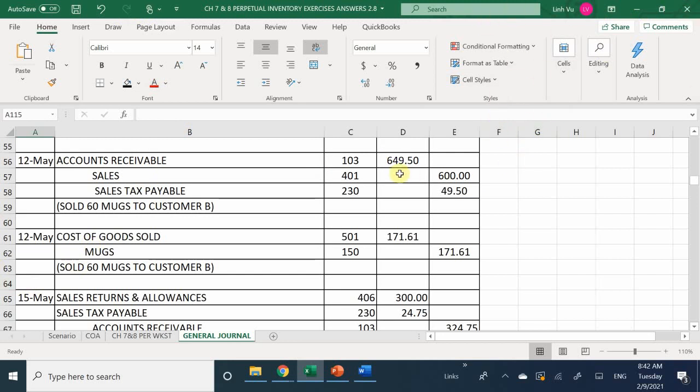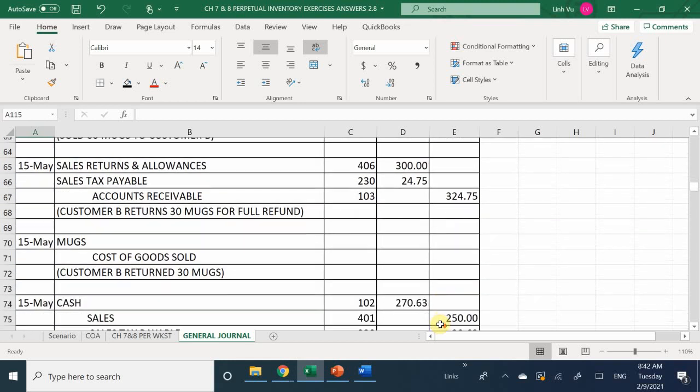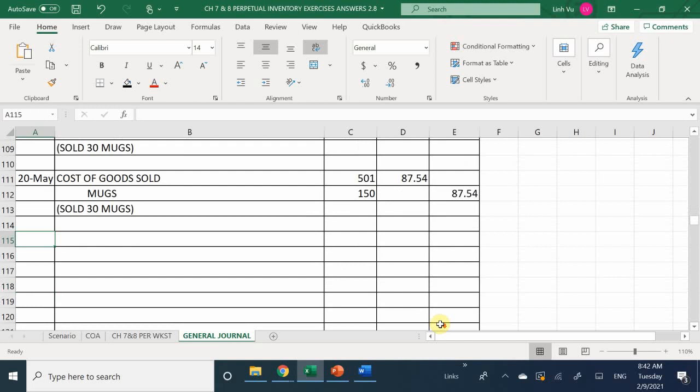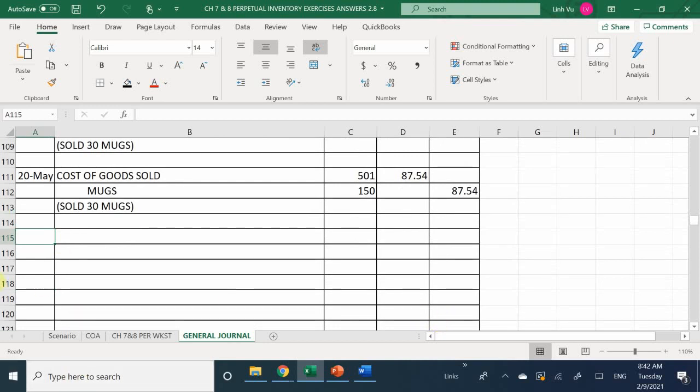And then we know that we also gave back to him $324.75. So that means he owes us $324.75 as well. Okay. So how am I going to journalize that he's going to pay this in full with cash?